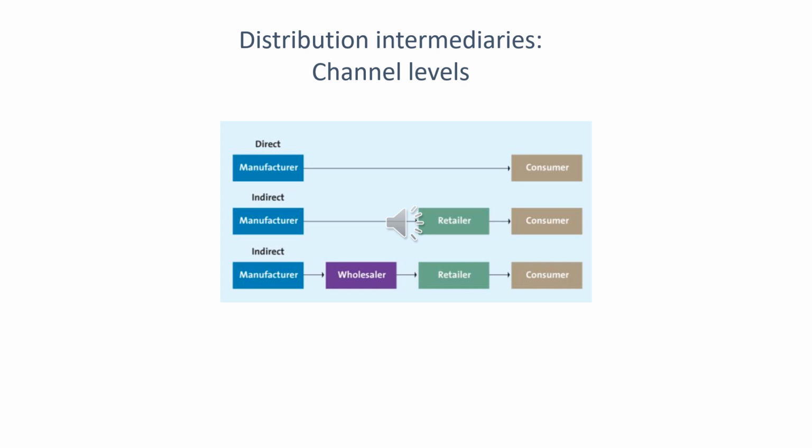On the other hand, we see distribution with two intermediaries, namely wholesalers and retailers, where products pass through both wholesalers and retailers before reaching the consumer. Each level adds complexity and costs, of course, because each one has to add a margin, but the goal is always to increase efficiency and reach more customers.